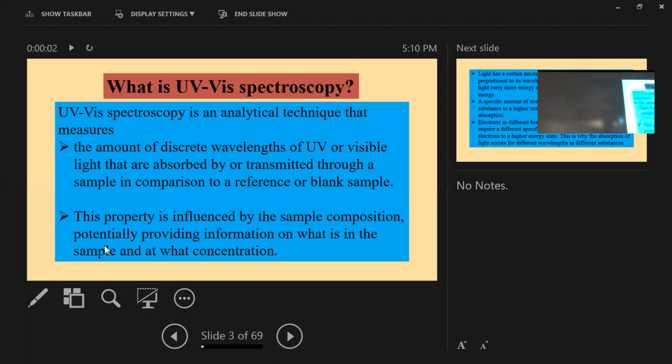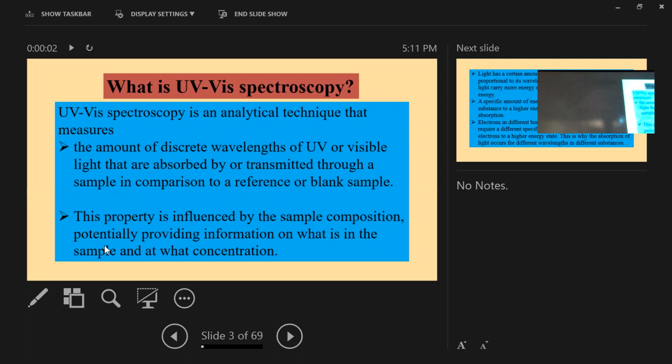That means it is reflecting many of them and transmitting a very small fraction, depending on how much thickness or what material is inside. So, transmitted through a sample in comparison to a reference or blank sample.